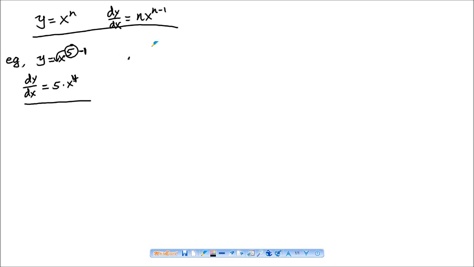Also, sometimes you will have to do a question like this. So y equals x power of 3 plus 2x power of 10 plus 2x and plus, say, a constant 10.